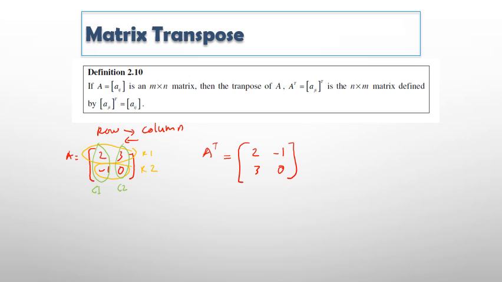So we change it. Another example, we have B, a 3 by 3 matrix: -1, 0, 4, 3, 7, 8, -1, 0, -4.